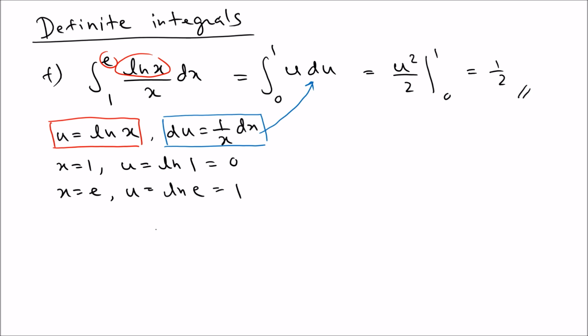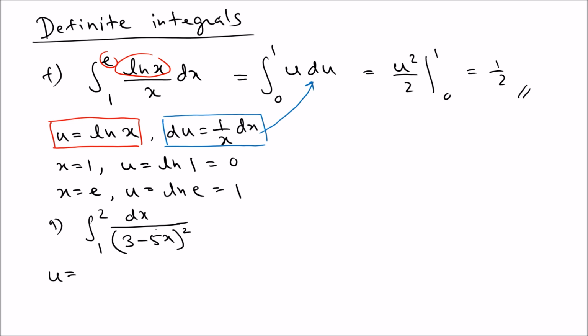Very simple integral. So let's do a few more problems, because this is something very important in the future. So G, how about this one? Integral from 1 to 2 of dx over (3 minus 5x) squared. Same argument.